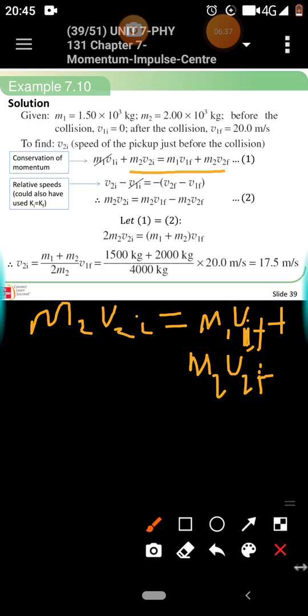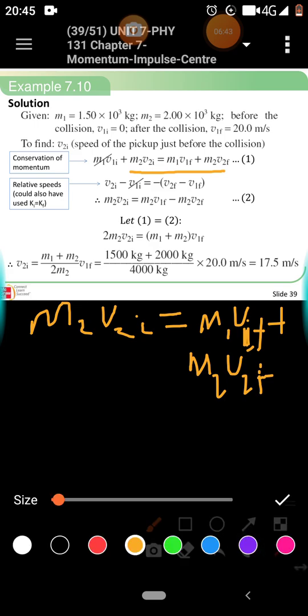Now we have two unknowns: we don't know the initial velocity for car 2, which is what we are required to find, and we are also not given the final velocity of car 2.